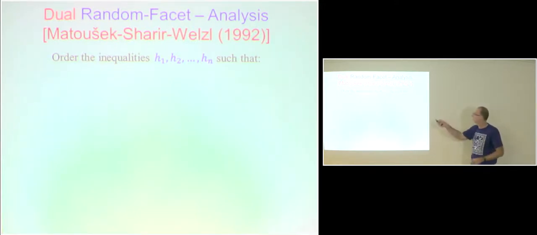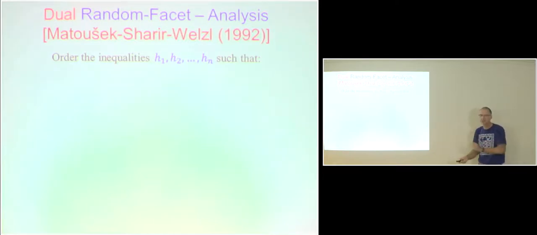Once Matoušek-Sharir-Welzl saw that analysis, they said this can also be applied in our case. So essentially what I'm doing now should be attributed both to Gil Kalai and Matoušek-Sharir-Welzl, and later it was observed that the two algorithms are actually identical, except that one is working on the primal problem, the other one on the dual problem.